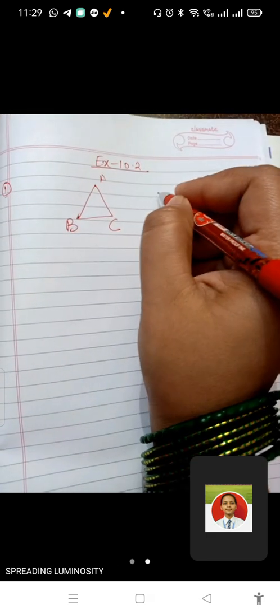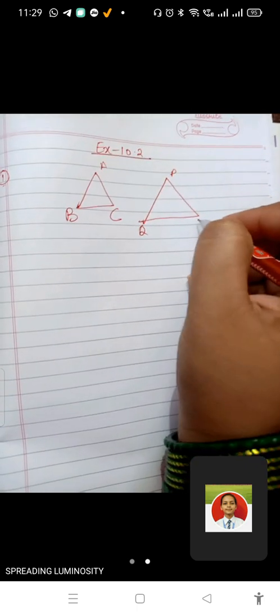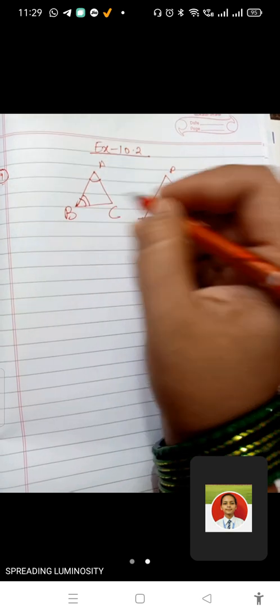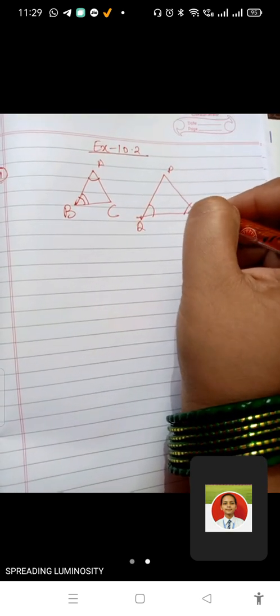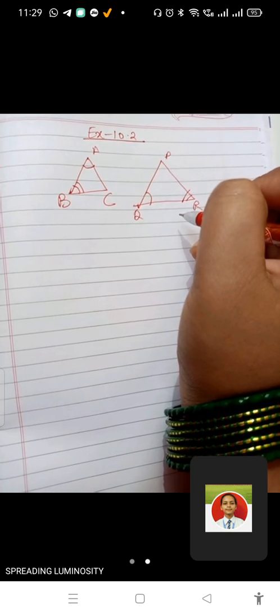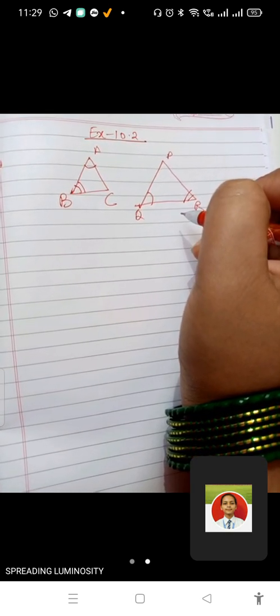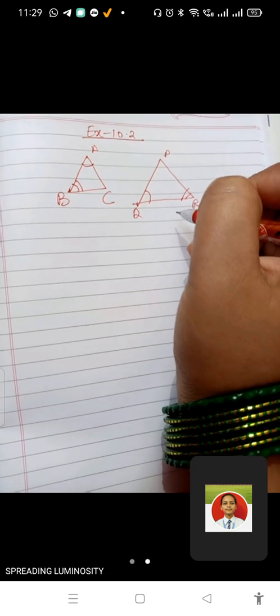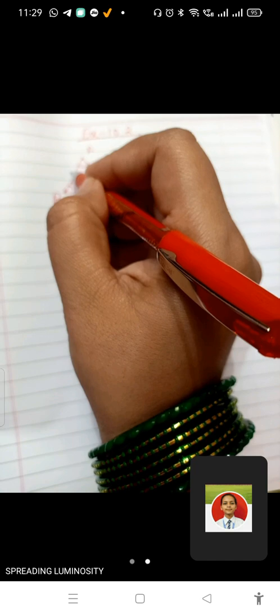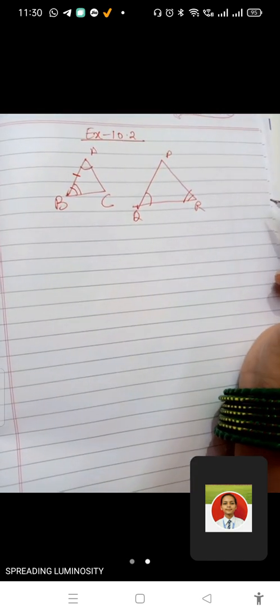In the first question, the triangle is ABC and triangle PQR. It is given that angle A is equal to angle Q, angle B is equal to angle R. Which side of PQR should be equal to the side AB of triangle ABC so that the two triangles are congruent?